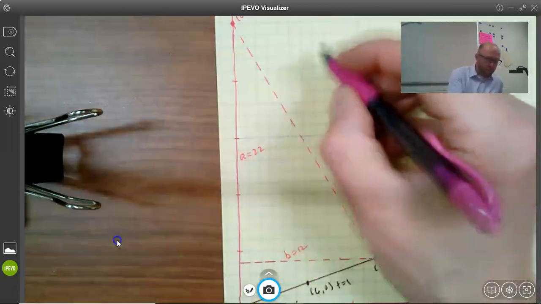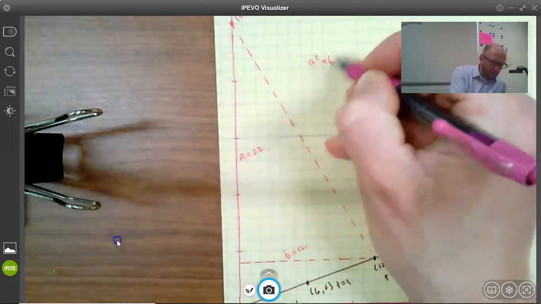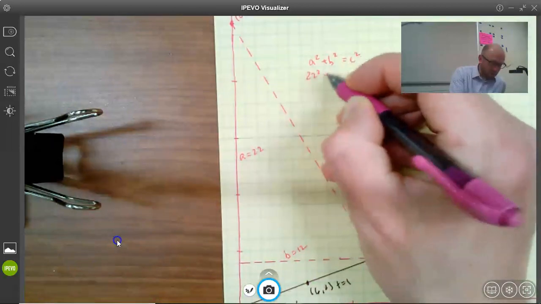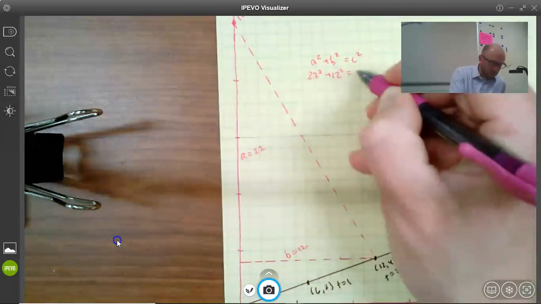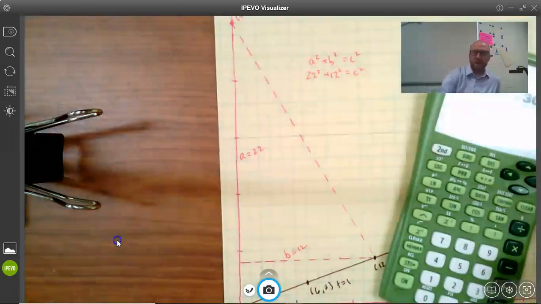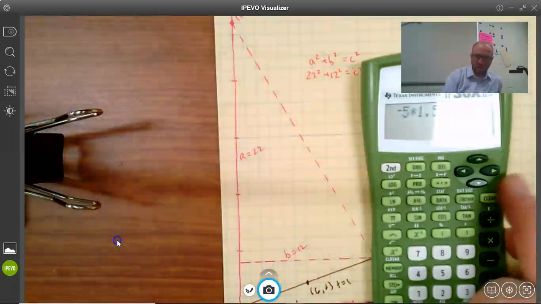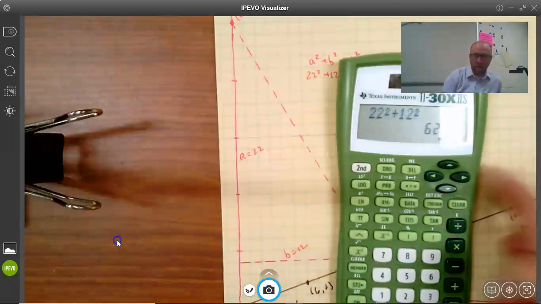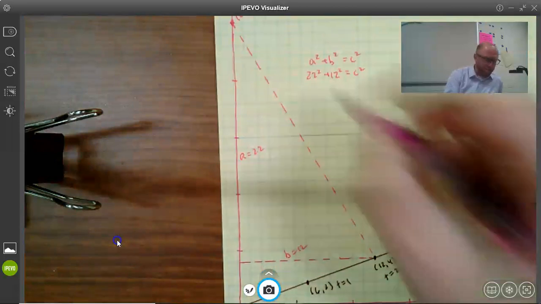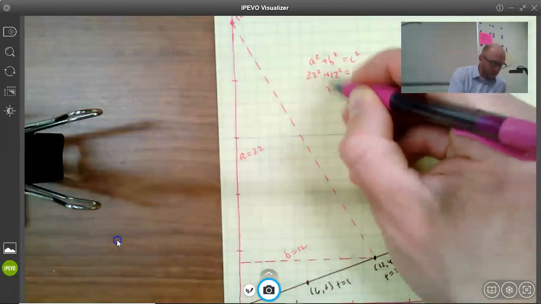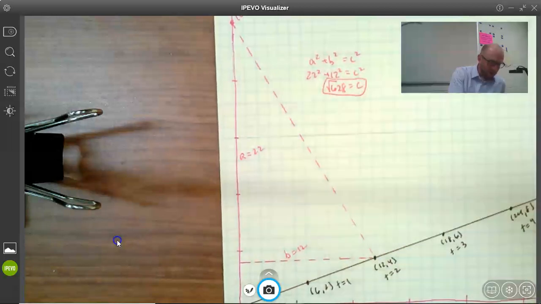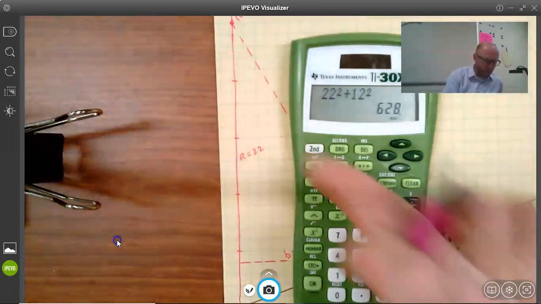Using the Pythagorean theorem, a squared plus b squared equals c squared: 22 squared plus 12 squared equals c squared. We're just going to let the calculator do all the heavy lifting at this point. 22 squared plus 12 squared is 628. So we have the square root of 628 equals c. And I don't think that's a whole number.